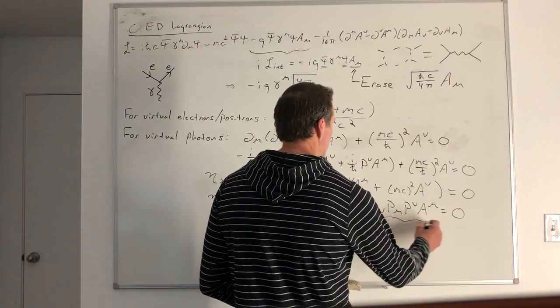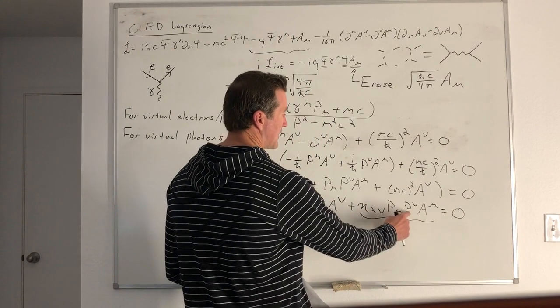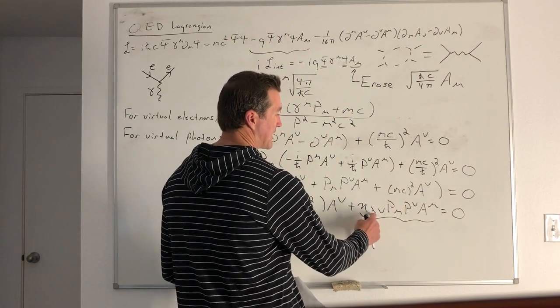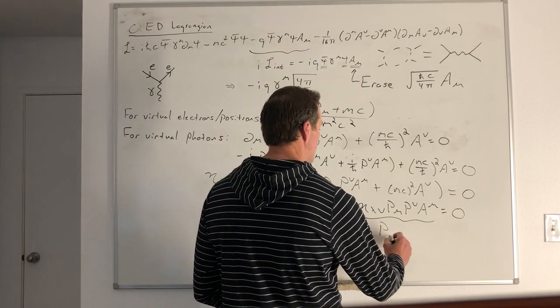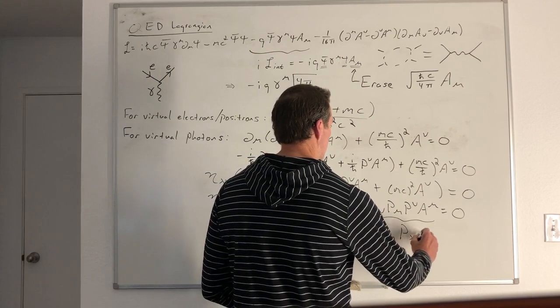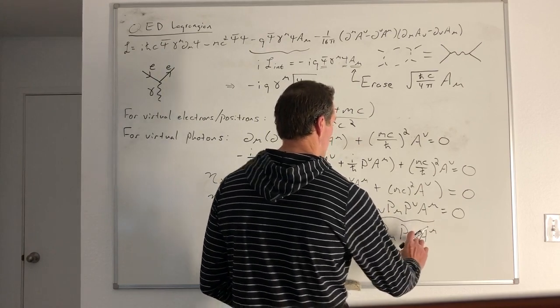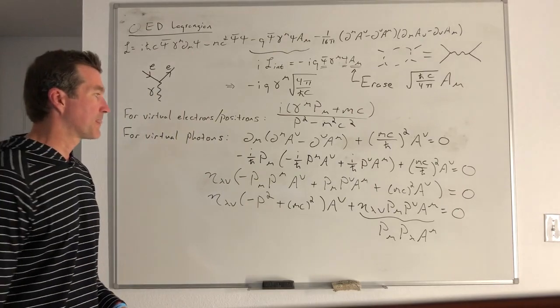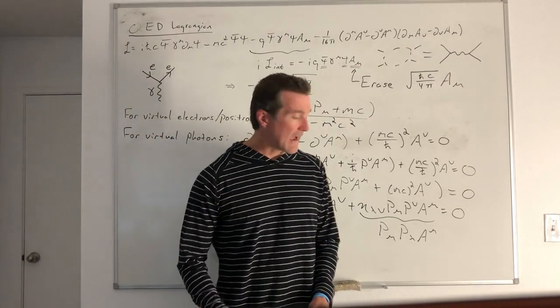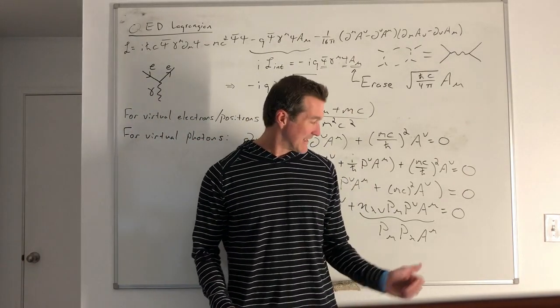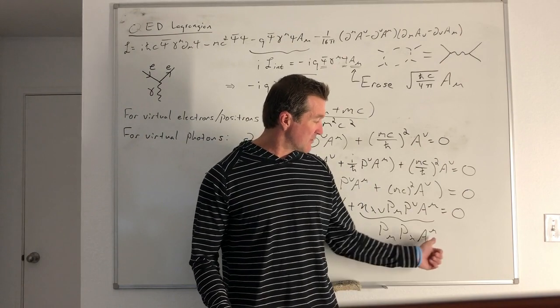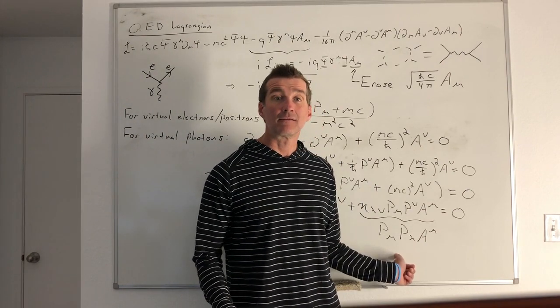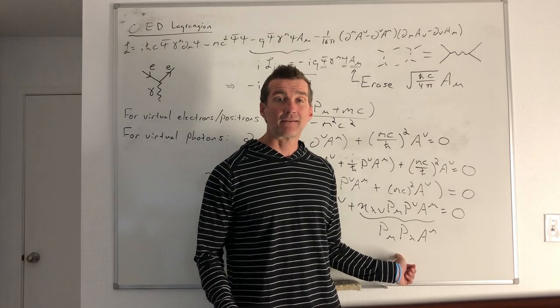Now this guy, if I just act with the metric and bring down the nu here and make it into a lambda, this is just going to be p mu, p lambda, A mu. And now I'm going to hide this, and I want you to notice mu is summed over, right? You see that?